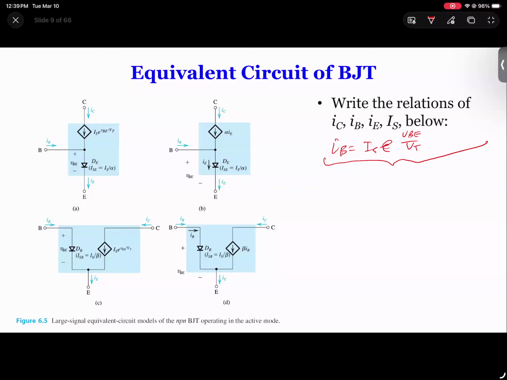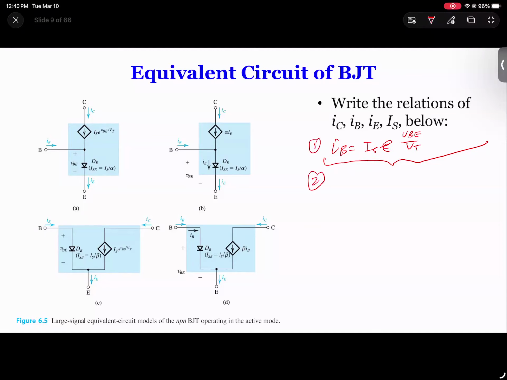What shows up in IB? Typically VT is a constant for a given temperature, and IS is normally fixed when the device is designed and manufactured, related to the area, size, impurity, all that kind of stuff of the silicon or semiconductor. So the only variable that changes is VBE. If I change VBE, IB will change. So IB is controlled by VBE. IB is kind of a controlled source by VBE. That's one thing we need to understand.